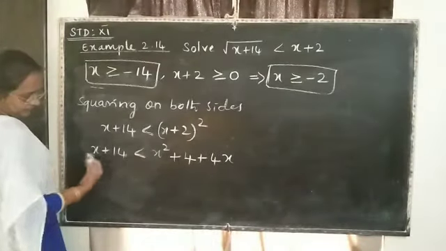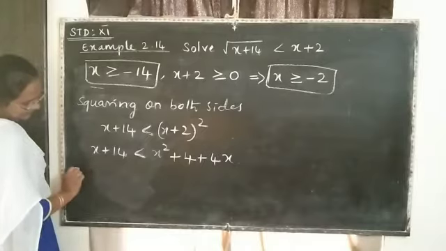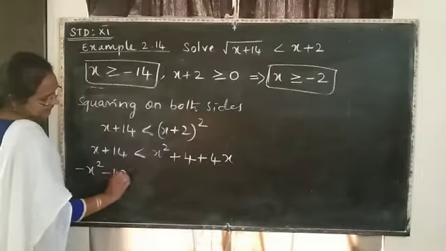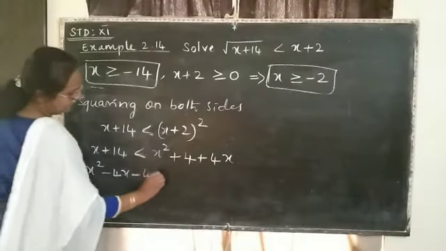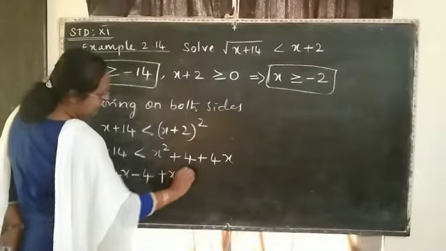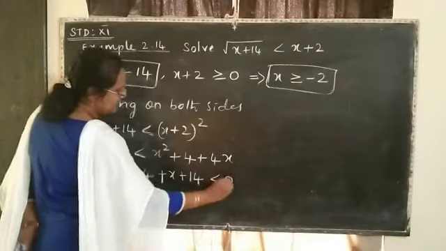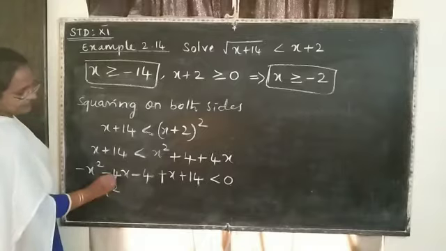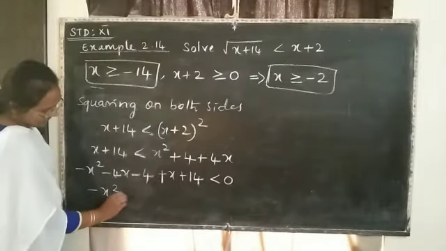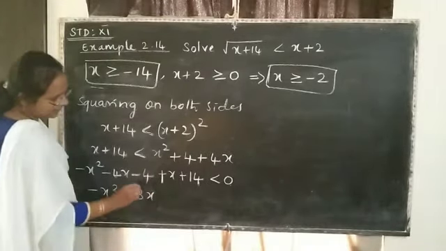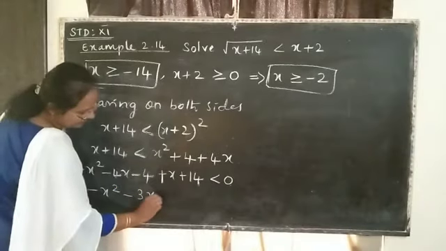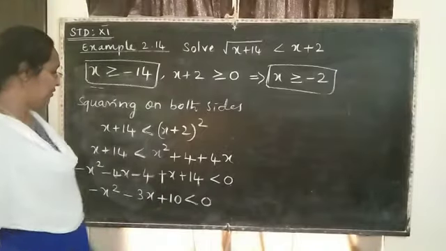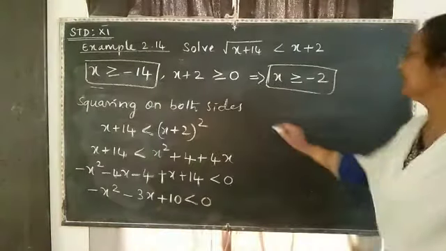If you bring this side, this will become minus x square minus 4x minus 4 plus x plus 14 less than 0. Now minus 4x plus x will give you minus 3x. Now minus 4 plus 14 will give you plus 10, strictly less than 0. Yes or no? Now look into this.